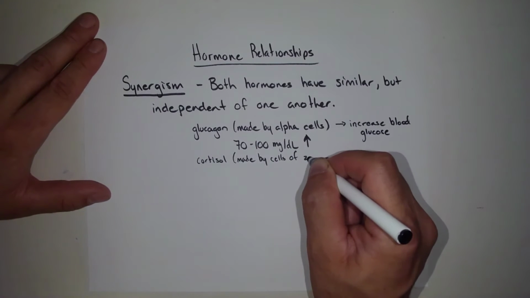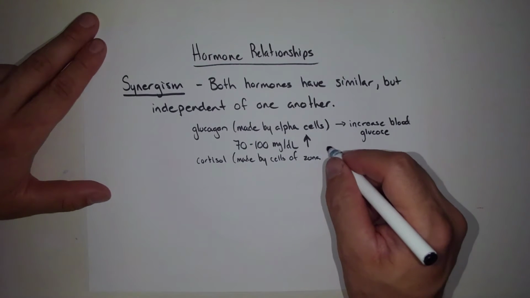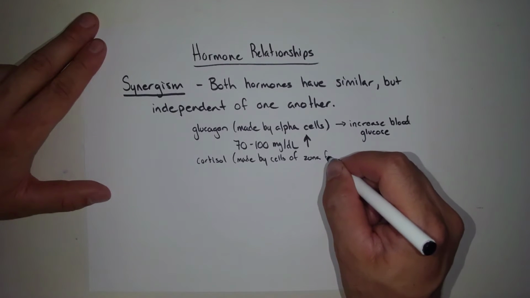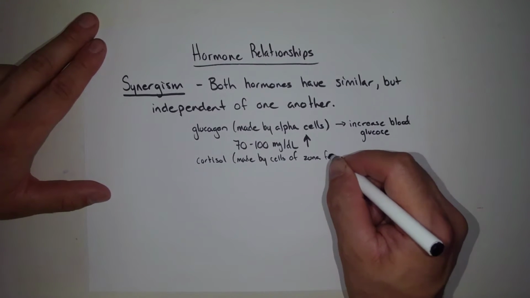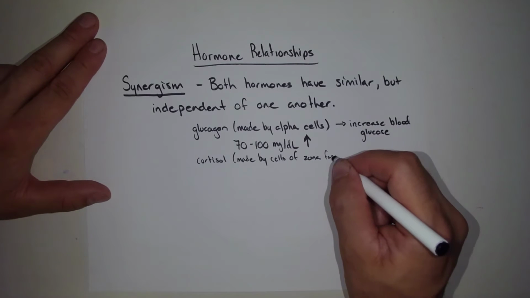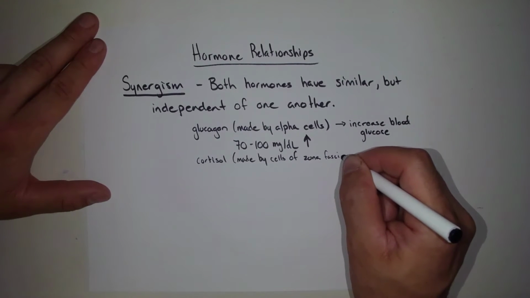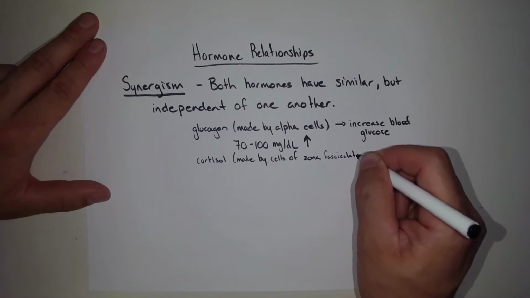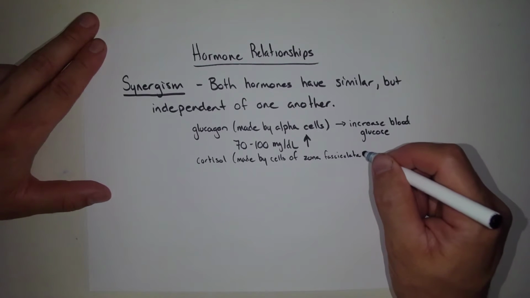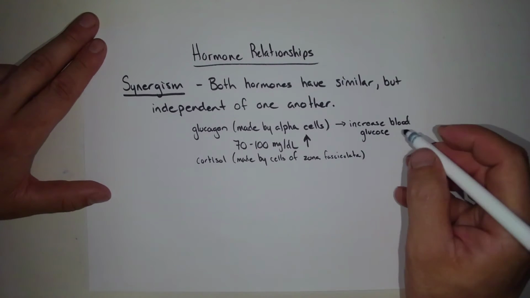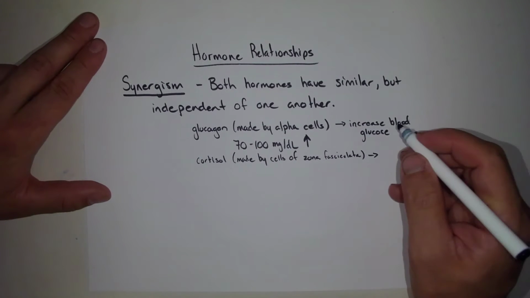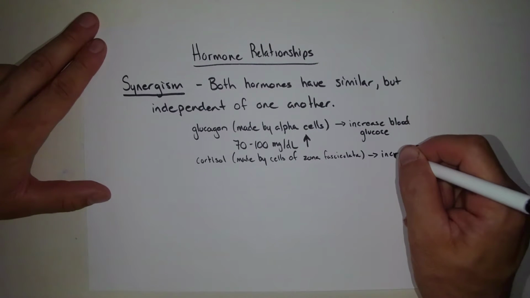Of the zona glomerulosa, fasciculata is the second one. These come from the glucocorticoid layer. Fasciculata, probably spelling that wrong. And the main function of cortisol is to increase blood glucose.